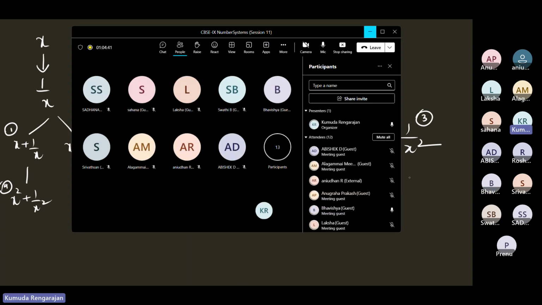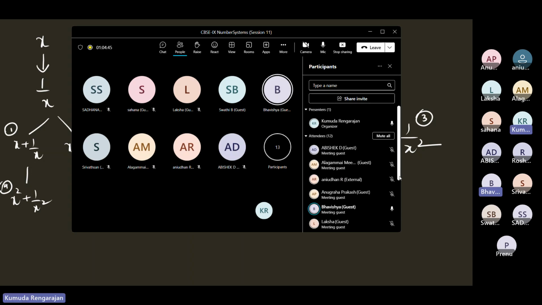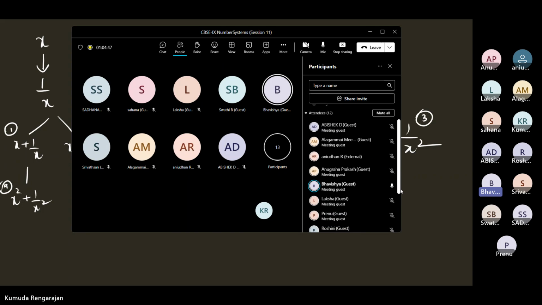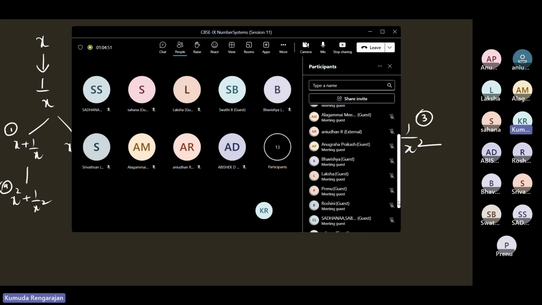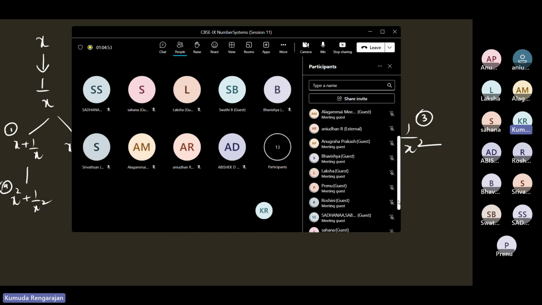Yeah, one by one, share your final answers. Bhavishri? I got 1156, ma'am. 1156. Okay. Swati said some 816 something. Then I think Sadhna and Sabarna said 1154.